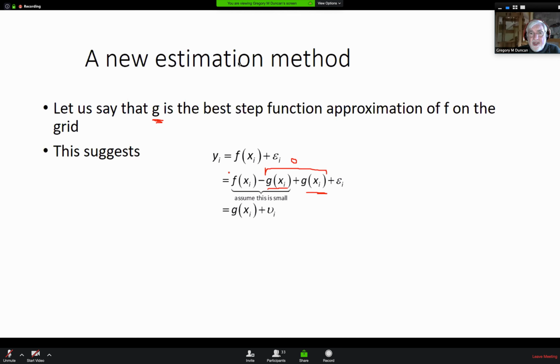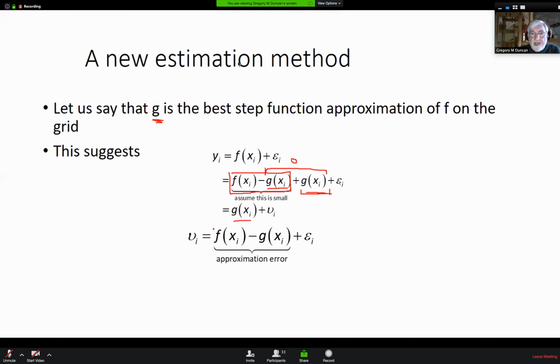Then let's assume that this was really, really small. Let's say it's very much smaller than any possible G, and it's very much smaller than epsilon. Then I could rewrite this as G of X plus epsilon plus this small thing. And I wouldn't make too bad a mistake.